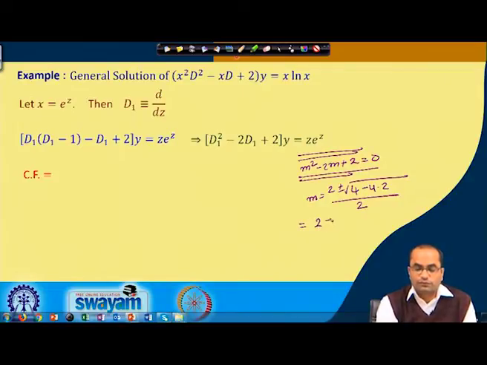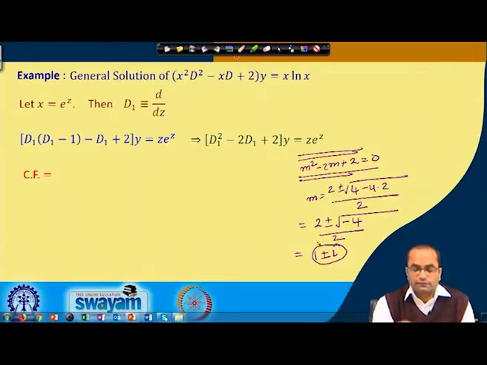So, we have (2 ± √(4 − 8))/2, so √(−4) divided by 2. So, we have 1 ± 2i over 2, so 2 gets cancelled and we have 1 ± i. So, the roots of the auxiliary equation corresponding to this differential equation are 1 ± i, and we know how to write down the solution.